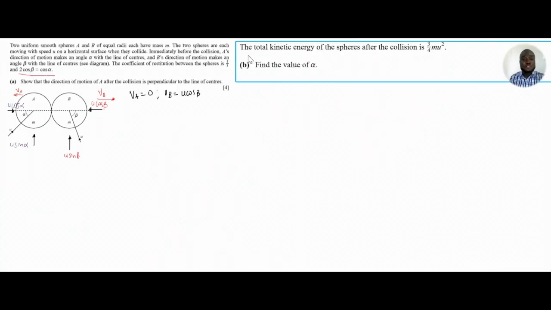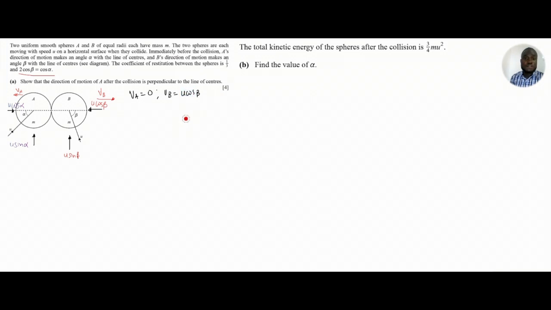Now we've been told that the total kinetic energy of the spheres after the collision is 60 over 4 mu squared, and we now have to find the value of alpha. Now let's see how to solve that. After the collision, the speed of B along the line of centers is this, but perpendicular to the line of centers is still that. And the speed of A along the line of centers becomes 0, but perpendicular to the line of centers we have this.